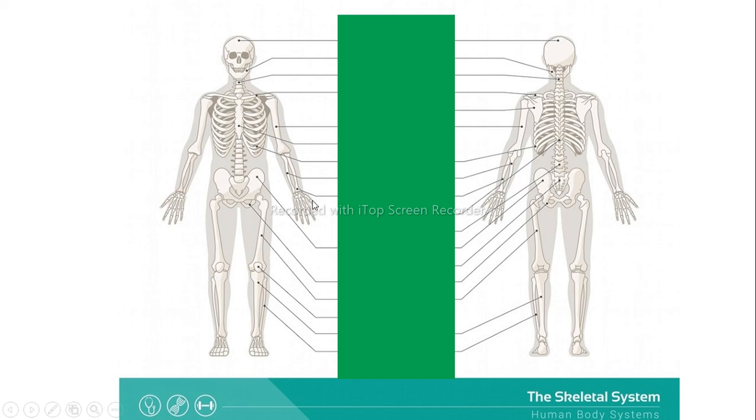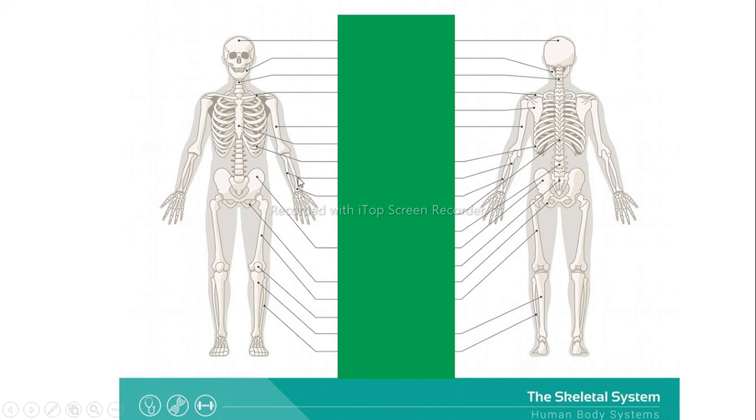So if we were to do it on this side, what is this one? Ulna. So this one is the ulna. Yes, sir. And the radius is this one. Okay, so ulna and radius.